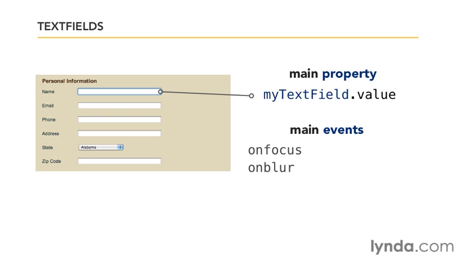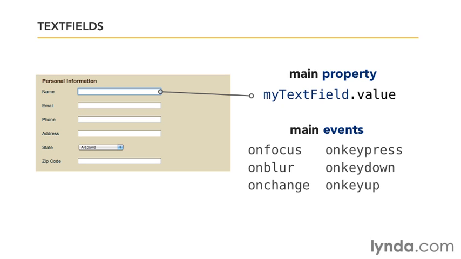Now onBlur is always called when you leave the element, even if you didn't change anything. So there's also an onChange event if that's more to your liking. But the text fields also generate events for each key press. In fact, 3 events. onKeyPress, which is the entire press a key then release it, but there are also events for onKeyDown and onKeyUp, if you need to get that granular.